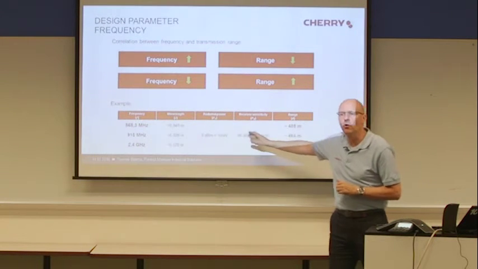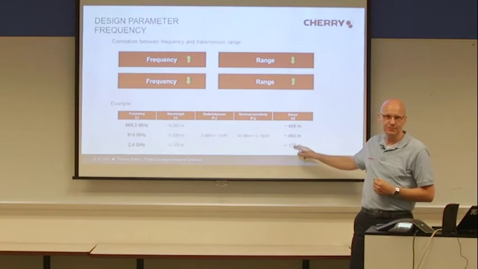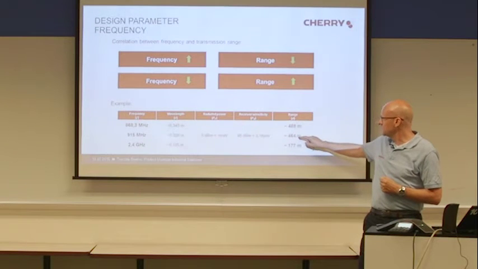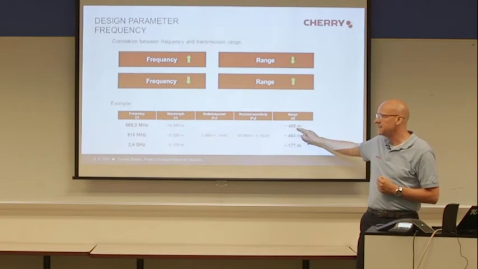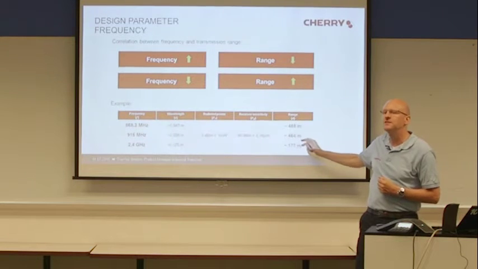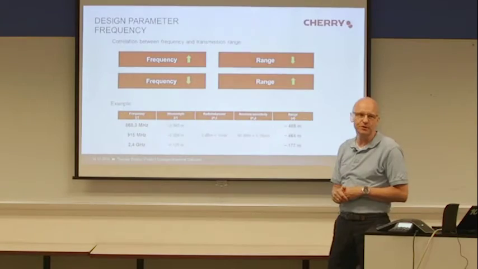You can type all these parameters into a physical formula and then you get this transmission range. For a 950 megahertz system you can reach 464, and for 868, 488. And this is much wider. So here you can see a very big disadvantage of the 2.4 gigahertz frequency.